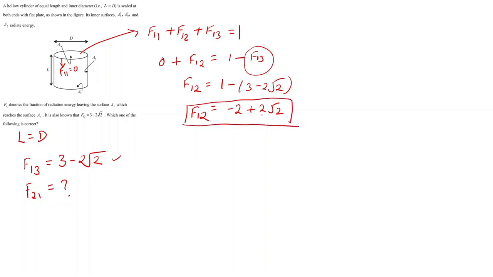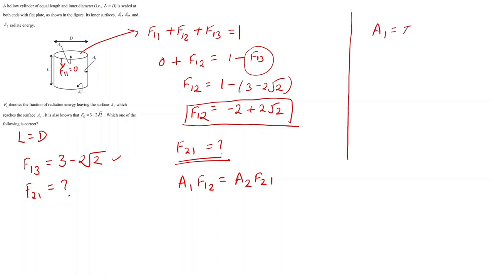So we have the value of F12, but we have to find the value of F21. So now we can use the reciprocity theorem over here. That is given as A1 F12 is equal to A2 F21. Now let's just find the area of A1 and A2.